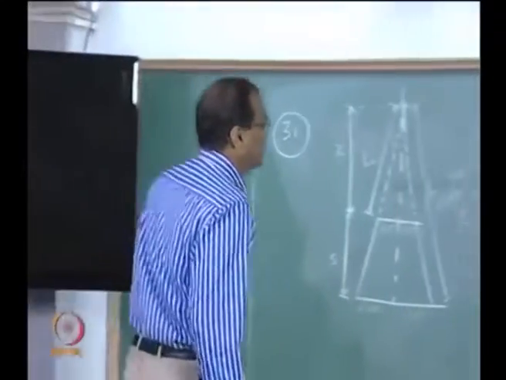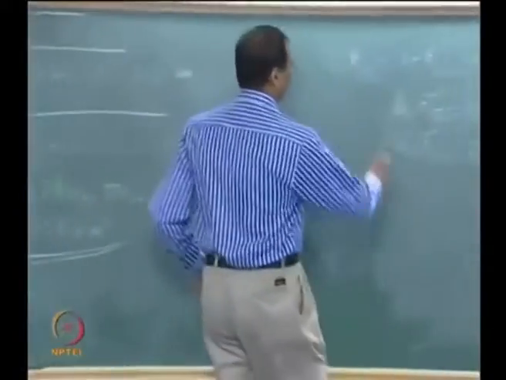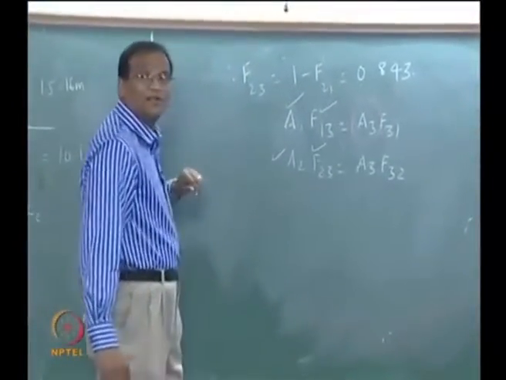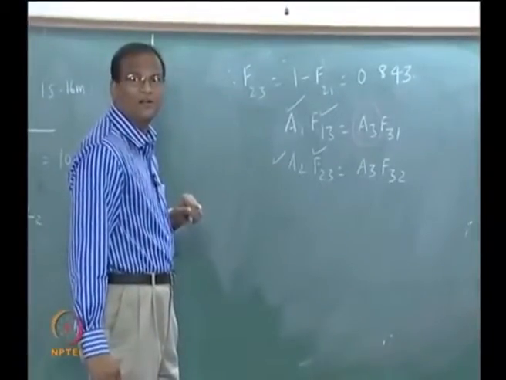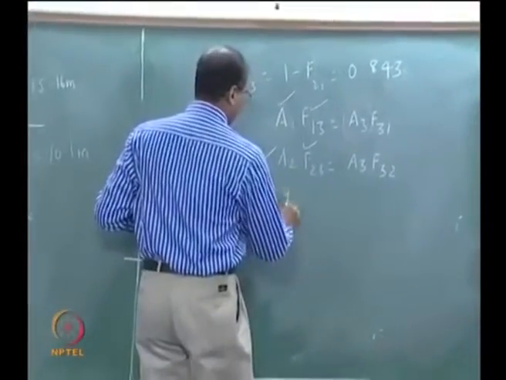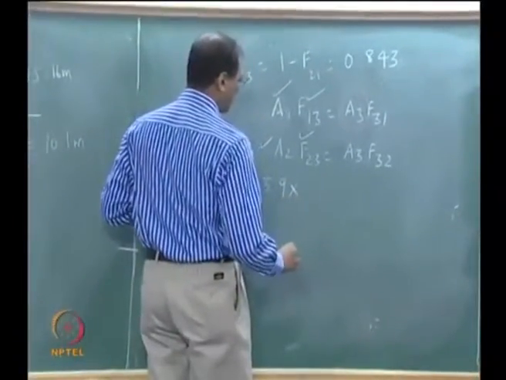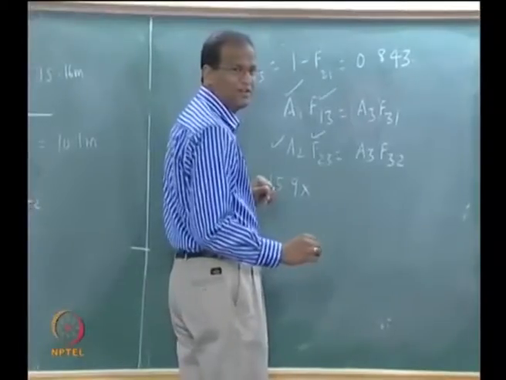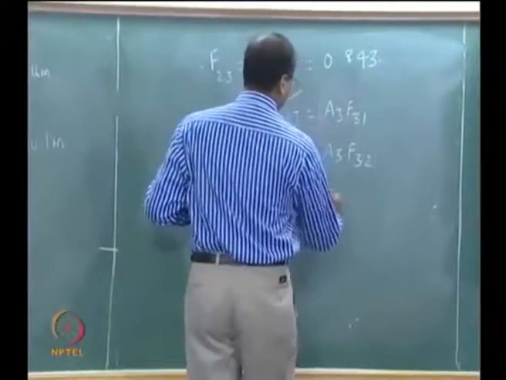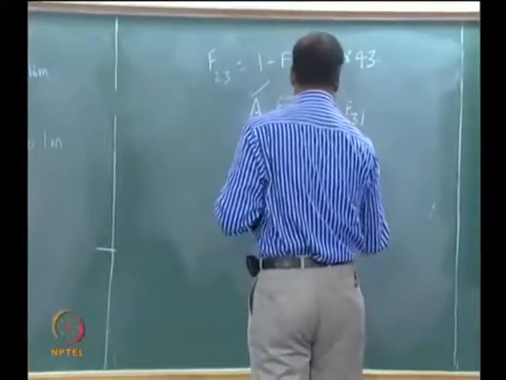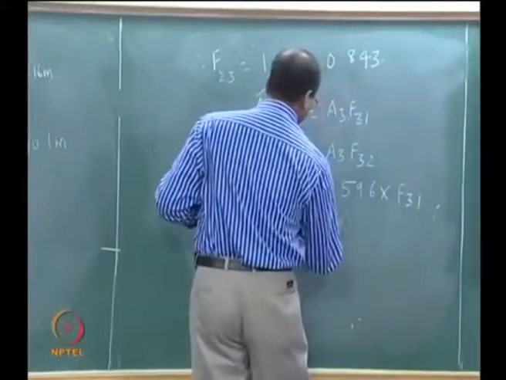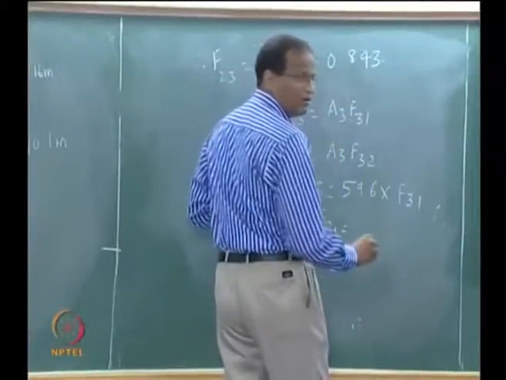Okay. Now, A1 F13. What is A1? 15.9 into F13. What is F13? 0.94. F31, okay, very good.